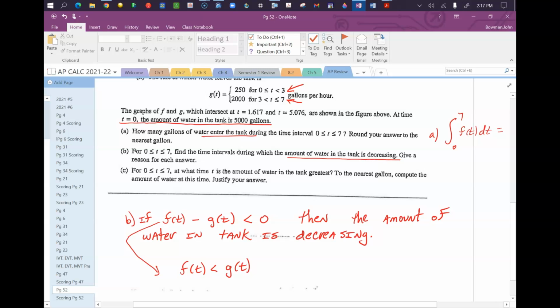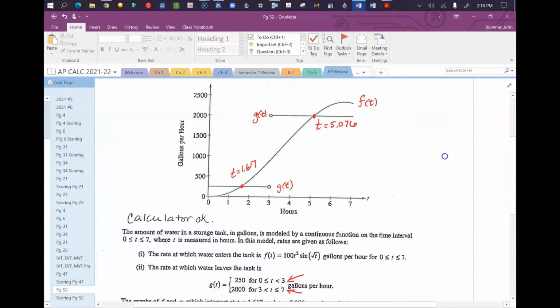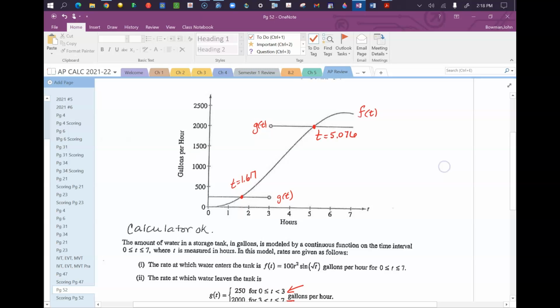Now, you can actually figure that out by looking at the graph up here. So, from time 0 to 3, f of t is less than g of t on the interval from 0 to where they intersect at 1.617. f of t is also going to be less than g of t. This one's a little bit trickier here.